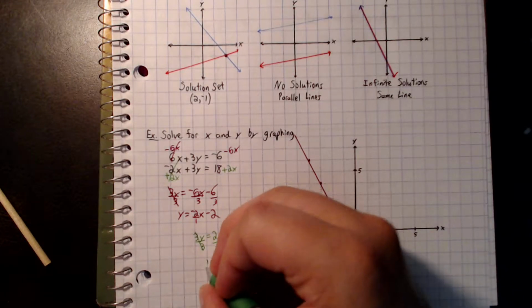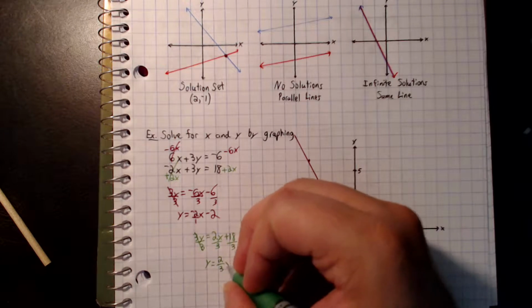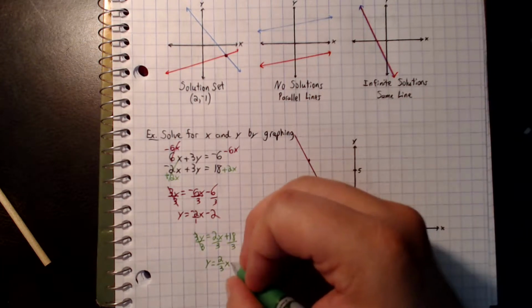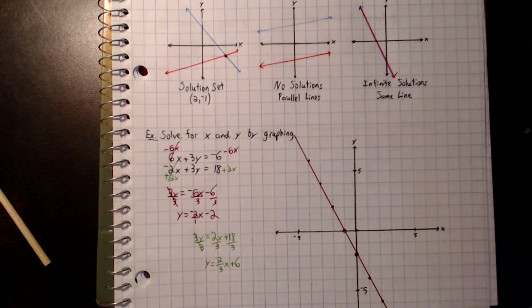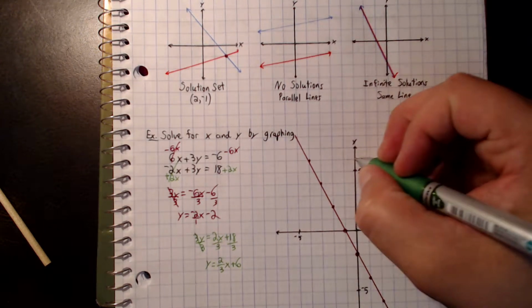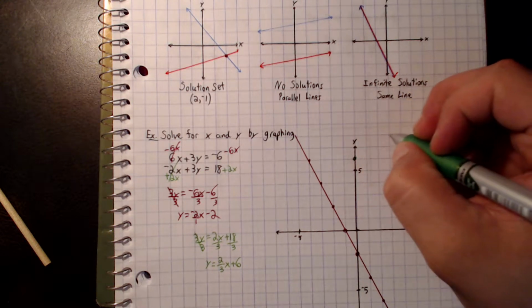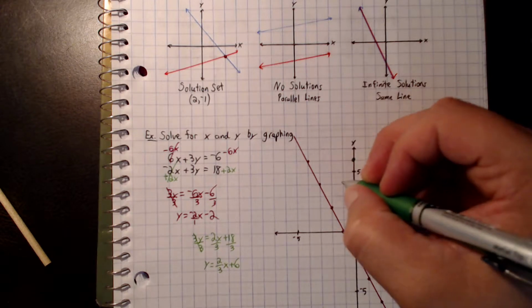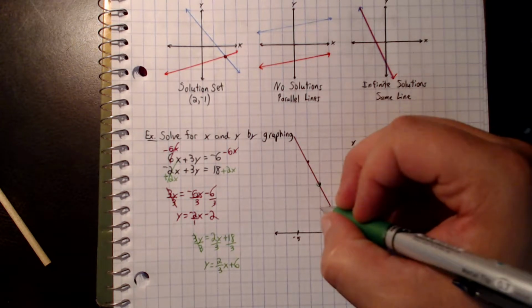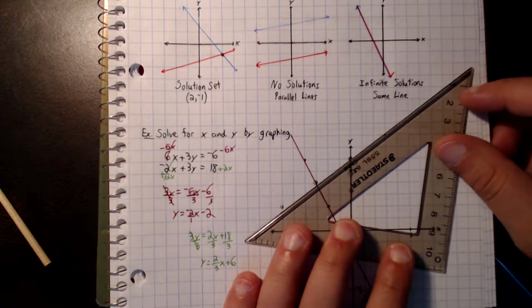So let's see, I have y equals, this won't reduce, 2/3 x, and 18 divided by 3 is 6. So now I'm going to graph this, and hopefully they'll intersect for us. Here's my y-intercept, my slope of up 2 over 3. Well, not going to go too much further that way. Down 2 and backwards 3, down 2, backwards 3. Good, I see where it's crossing. I'm going to finish drawing in this line.